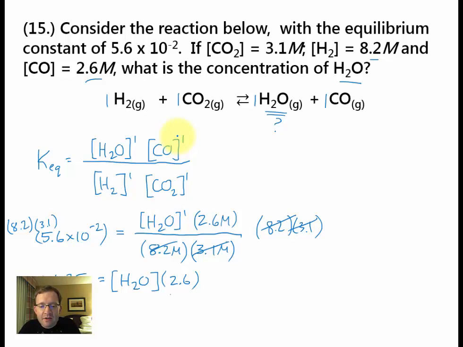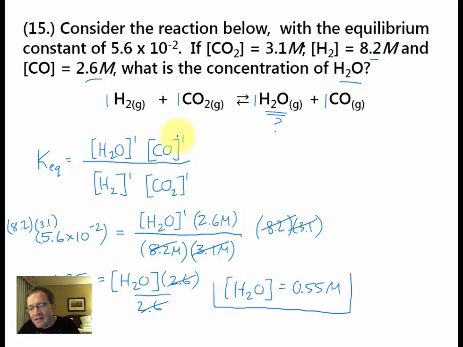Divide both sides by 2.6, and that'll disappear. And in the end, we punch this all in, and H2O is molarity. When we divide that, it is 0.55. And so by knowing the KEQ, we can find any concentration for part of the equation by simple algebra. The water's concentration is 0.55.